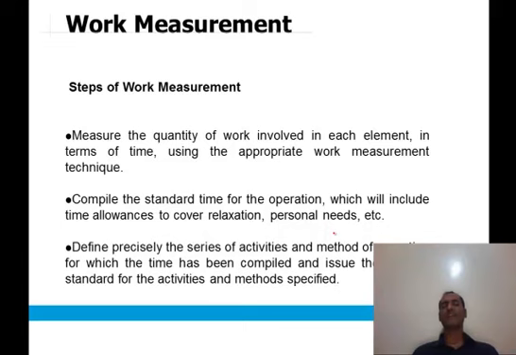Define precisely the series of activities and methods of operation for which the time has been compiled, and issue the time as standard for activities and methods specified. This is the final point, the purpose of measuring work: to set the standard time for the activities and methods specified.